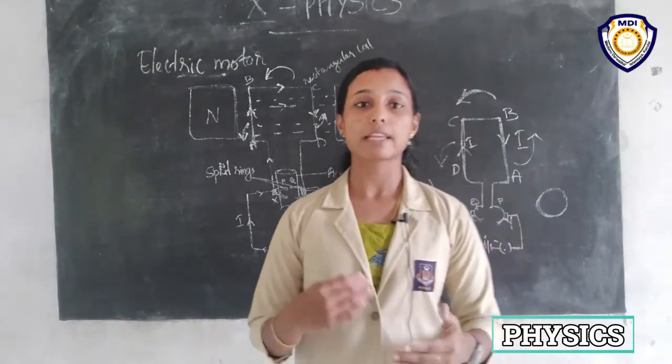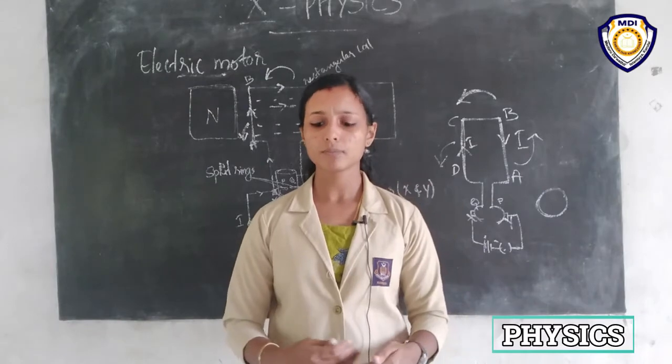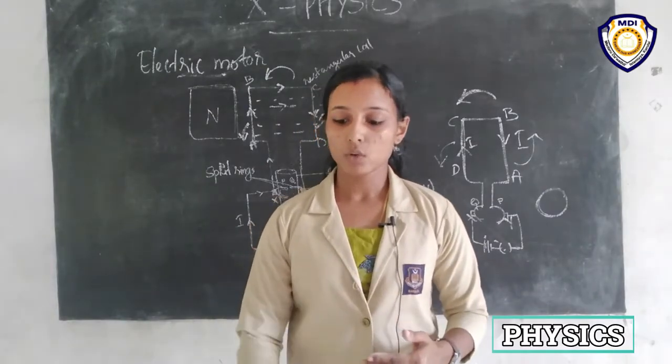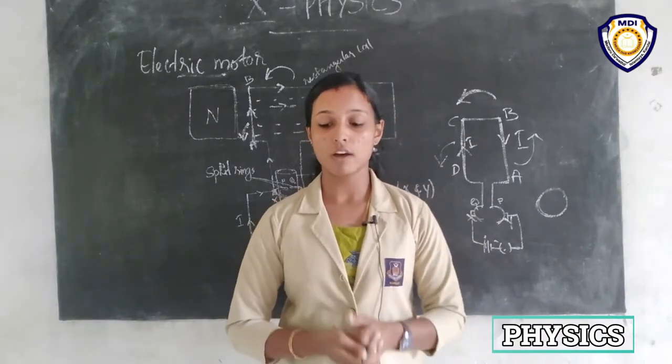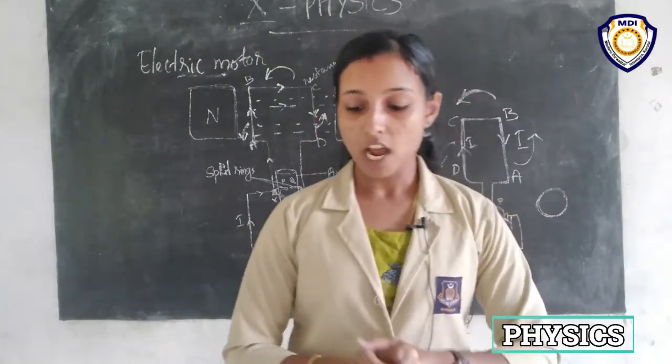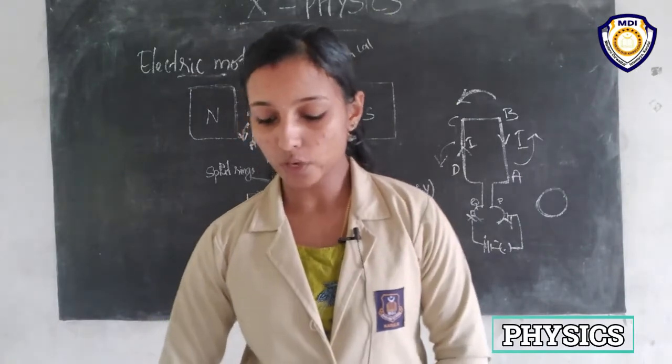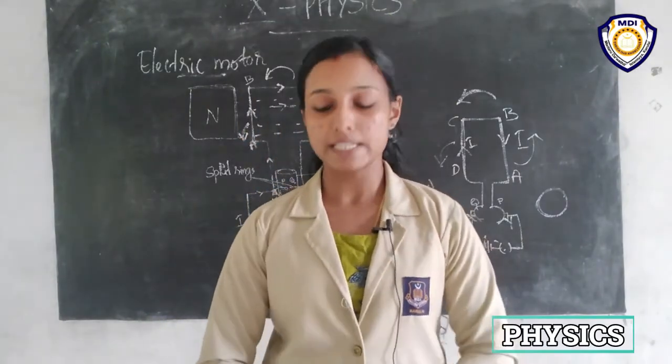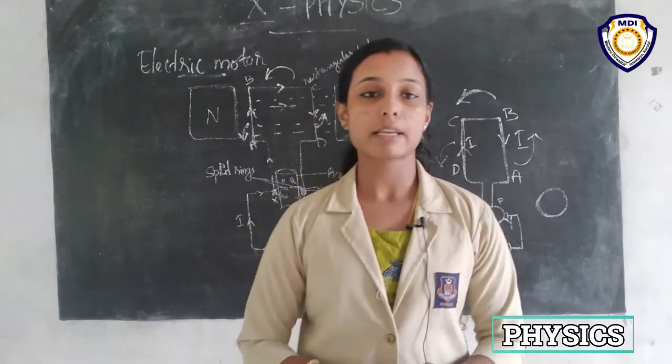Hope you are clear how it works. Here you are given three questions: State Fleming's left hand rule, what is the principle of an electric motor, and what is the role of the split ring in an electric motor.